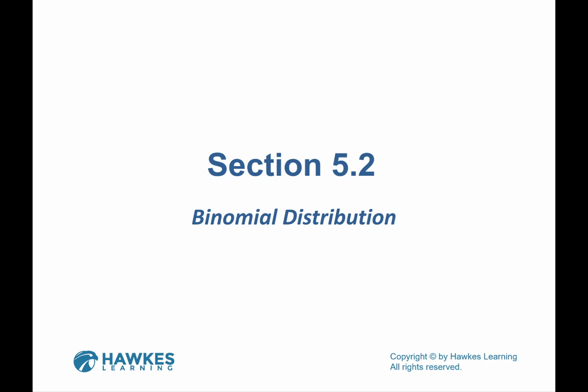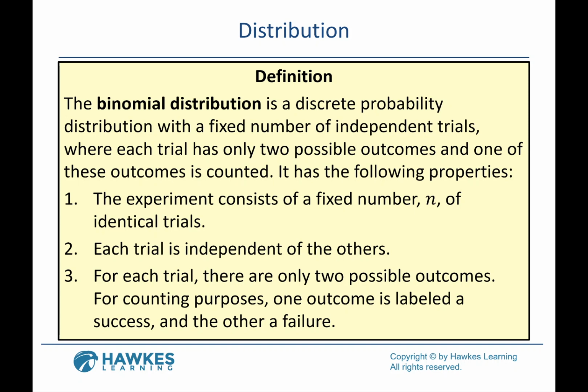First thing we've got to do is talk about what makes a probability distribution a binomial distribution. What makes it fall into this category? We've got several things here. First of all, the name is binomial.